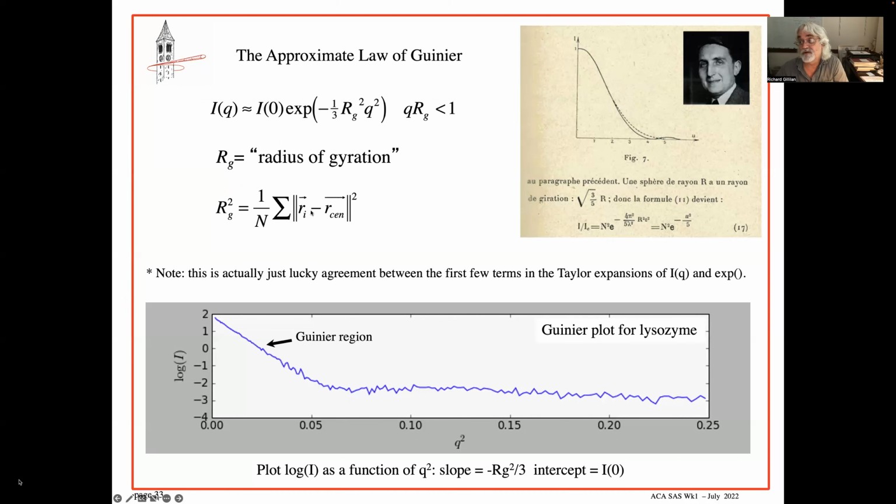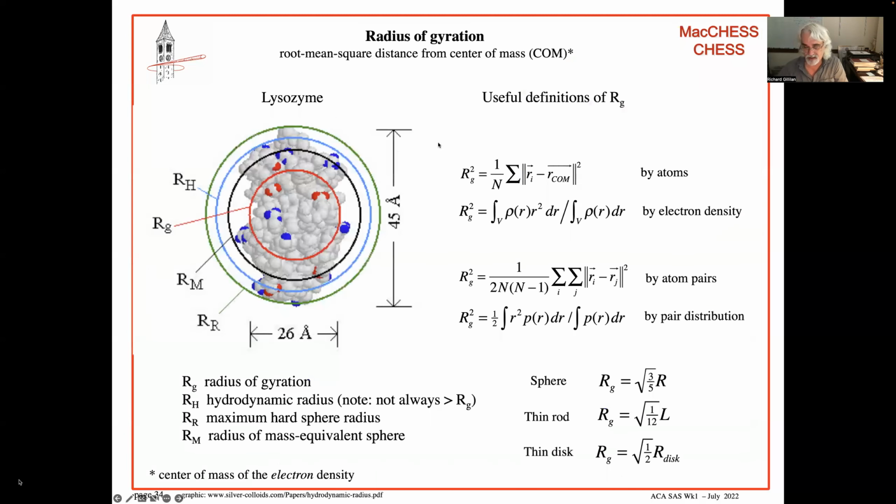So it's a measure of the size of the object. And so if you plot a scattering profile, if you plot the logarithm as a function of q squared, you get a line. And the slope of that line is related to the radius of gyration. And that is a very, very important and useful thing to do as a diagnostic. I'll show you in a minute.